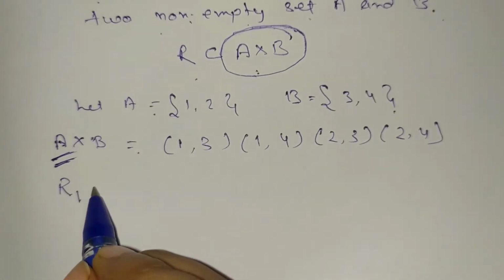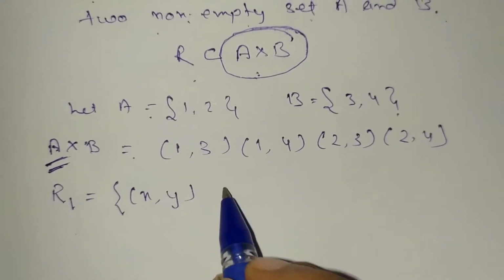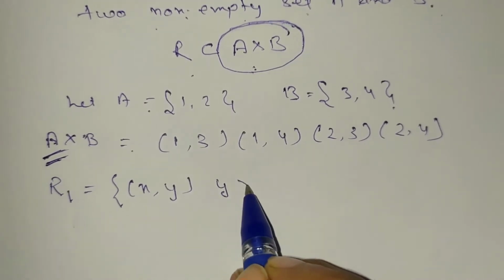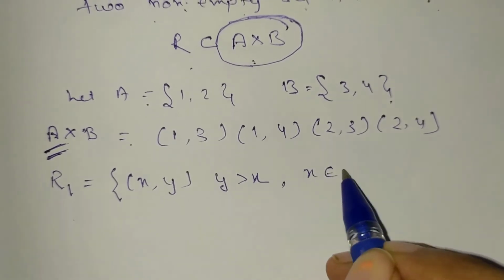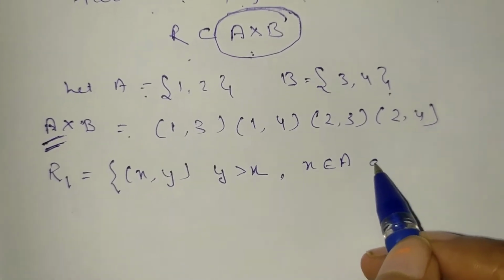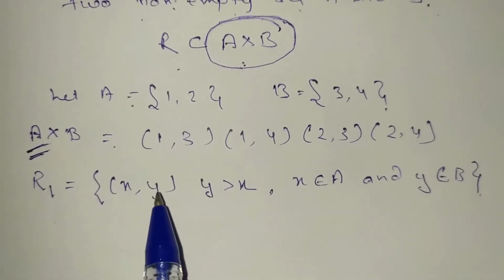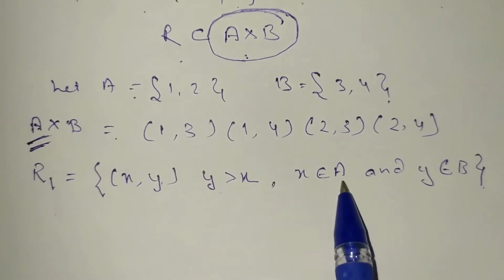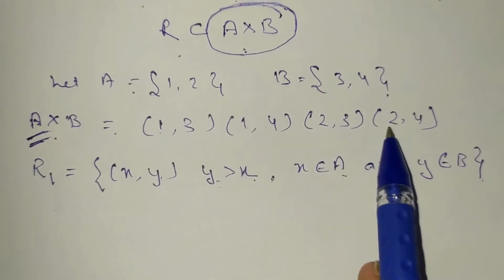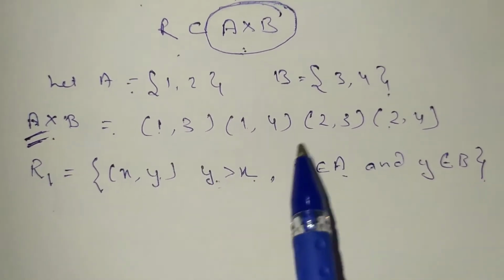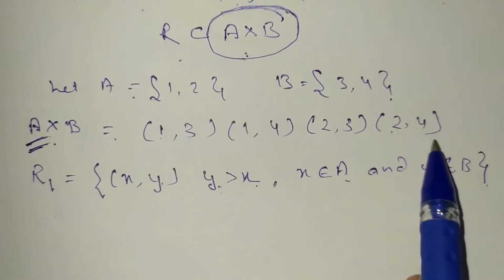Our first relation is, we have two values x and y, where y is greater than x and x must belong to set A and y must belong to set B. So here we can satisfy our relation from this product, that x is always lesser than y, or y is always greater than x in every case.